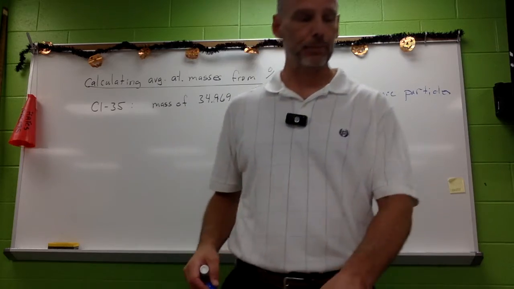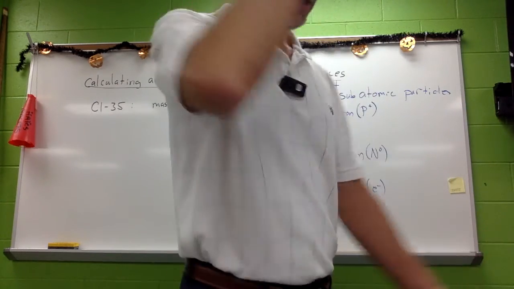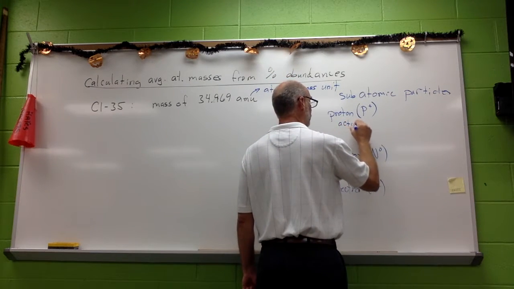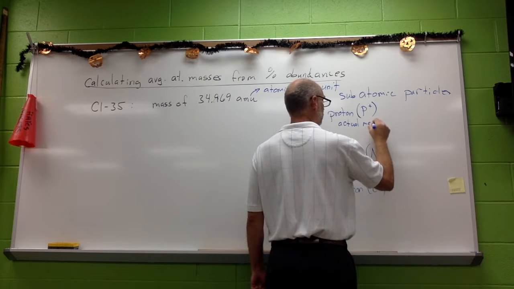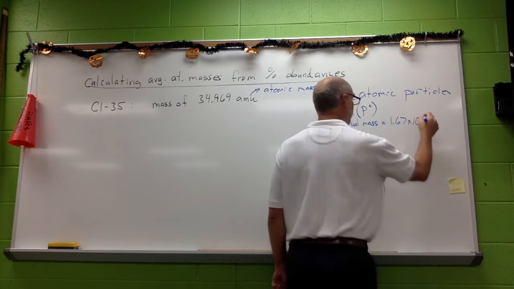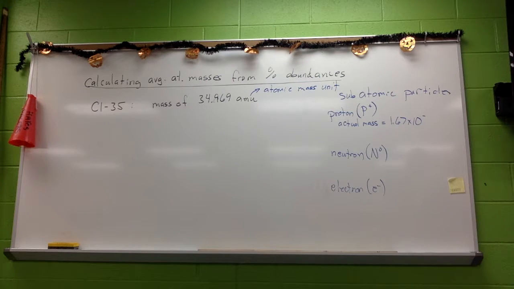The mass of a proton, actual mass: 1.67 times 10 to the negative, and it depends what unit you would rather be in. Would you rather be in grams or kilograms?